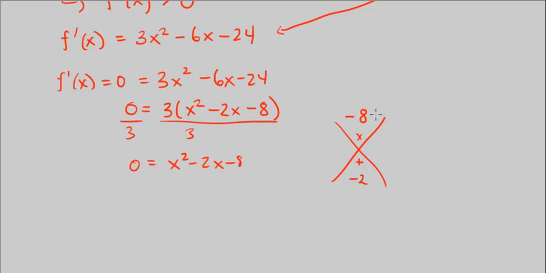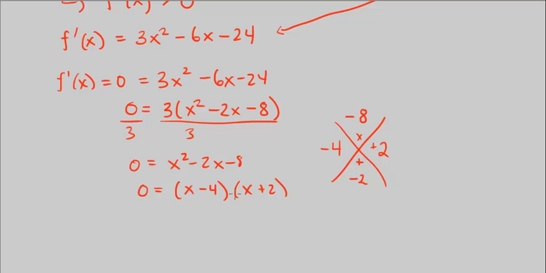So what numbers can we multiply to get negative 8? Well, negative 4 and positive 2, right? If you add these, they become negative 2. So 0 is equal to, let's factor this, x minus 4 and x plus 2, because this is plus 2 and minus 4.